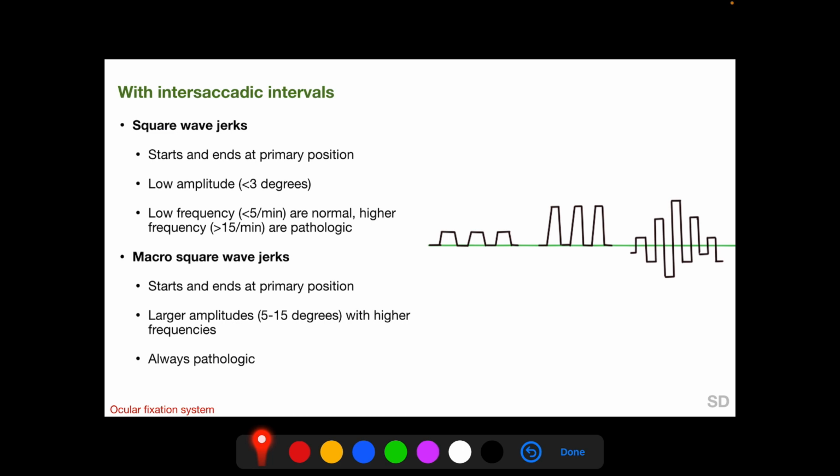However, square wave jerks have low amplitude, and low frequency square wave jerks are said to be normal, but if they are of a higher frequency, they are pathologic. And macro square wave jerks have larger amplitudes of 5 to 15 degrees with higher frequencies as shown by this graph, and they are said to be always pathologic.